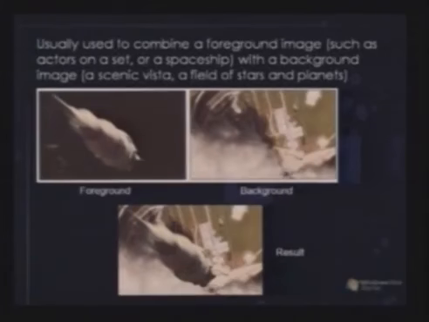Masking not only helps you in removing or extracting something, it also helps you to composite it with two or three more images together. For example, we have a spaceship in the foreground, and I want it to be accompanied by a background which has been made by a student or by anybody working in a studio.